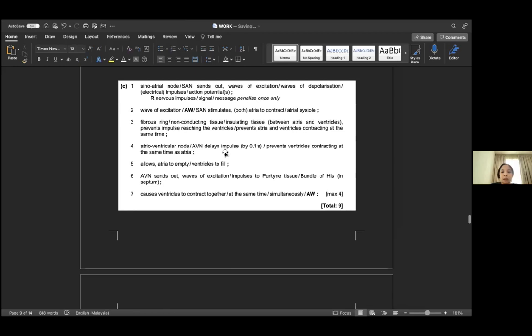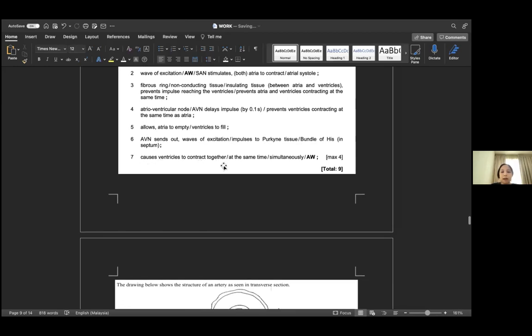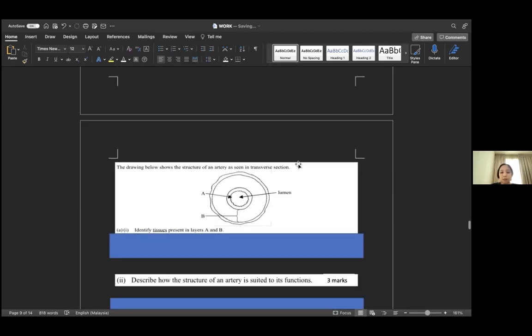The atrioventricular node delays impulses by 0.1 second and allows atria to empty and ventricles to fill. The AVN sends out waves of excitation impulses to Purkinje tissues, bundle of His, and in septum. And this causes ventricles to contract simultaneously.